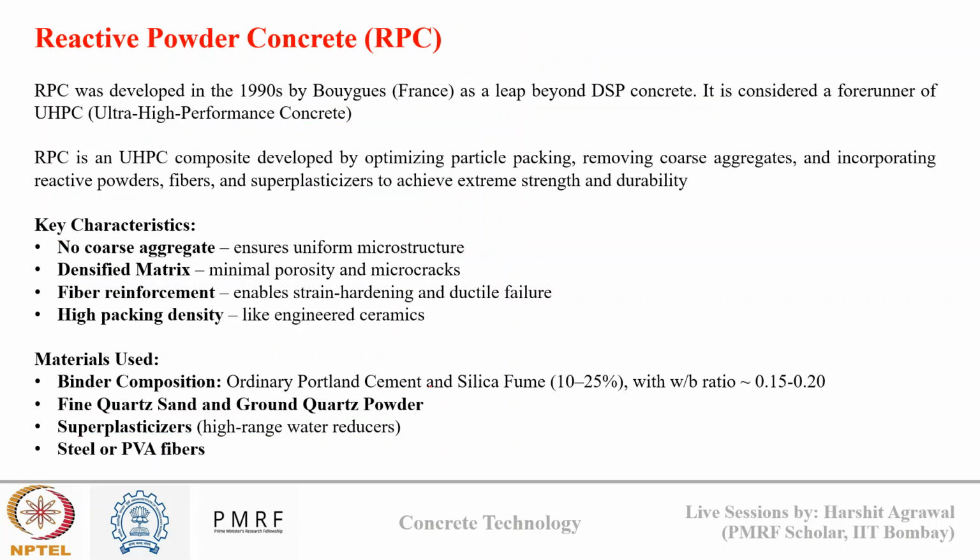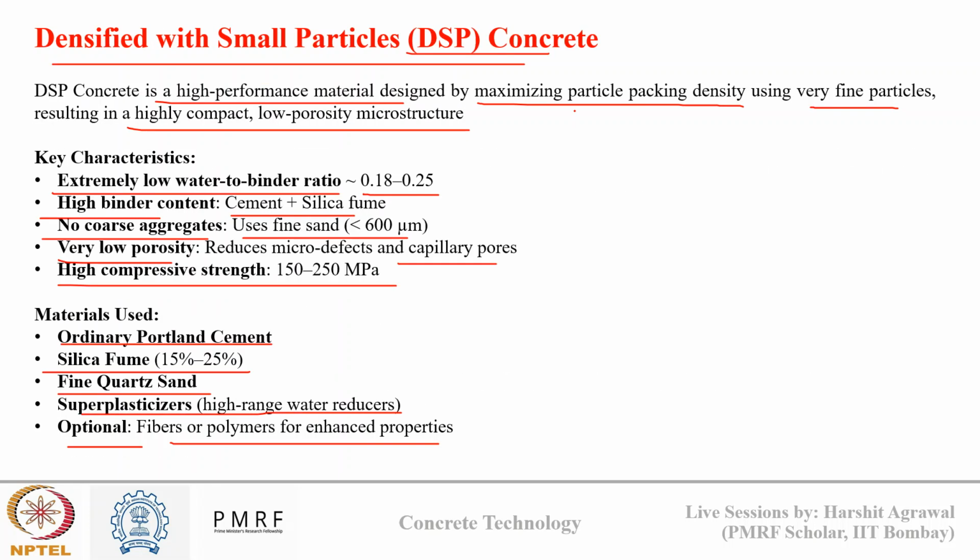And the last one in UHPC, ultra high performance concrete, is reactive powder concrete, which is also designated as RPC. This RPC was developed in the 1990s by scientists, and it is a progression of what was found in DSP concrete.